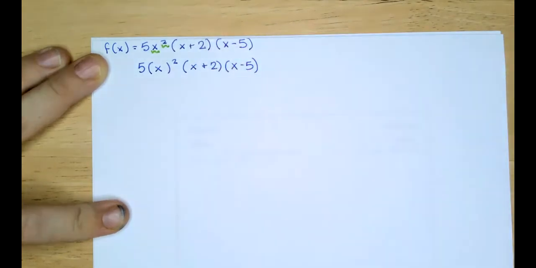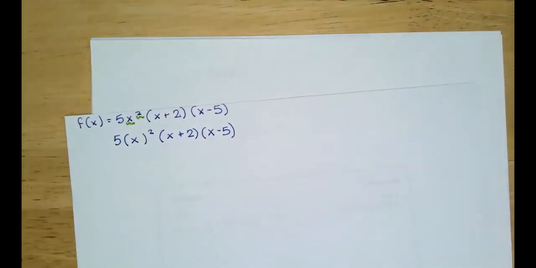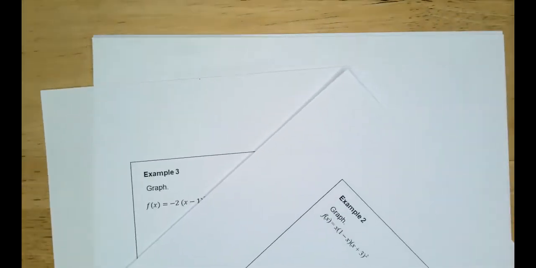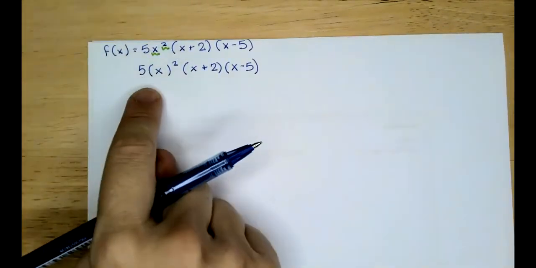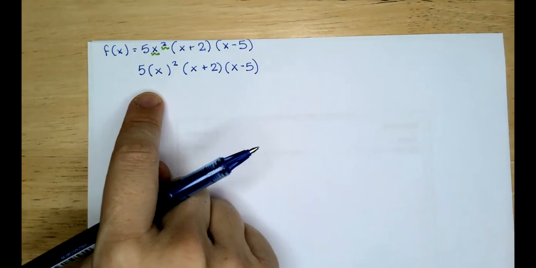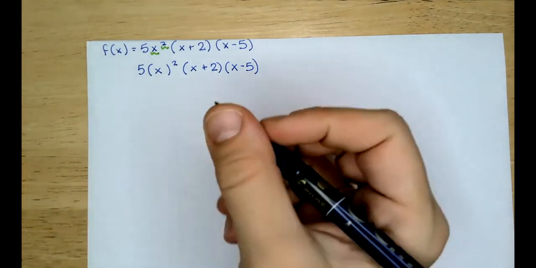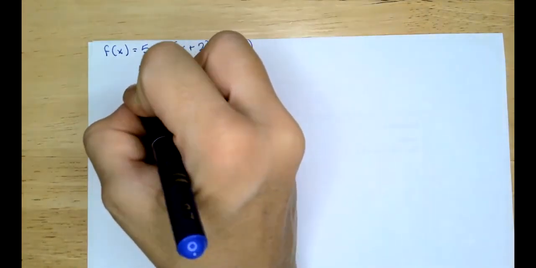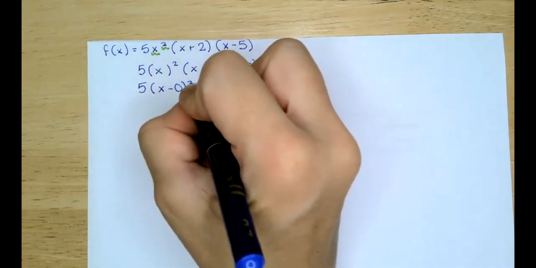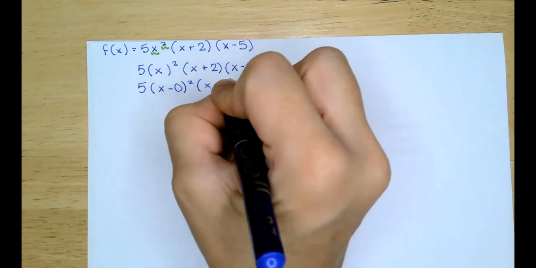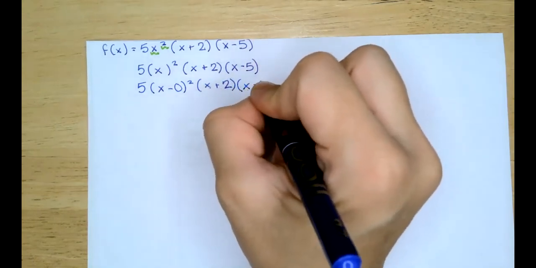Let me just make sure I wrote that down correctly. Yes. All right. And remember, when we have an x alone, we're going to say that that's a real 0 of 0. So I'm going to rewrite that as x minus 0 squared, x plus 2 to the first, x minus 5.